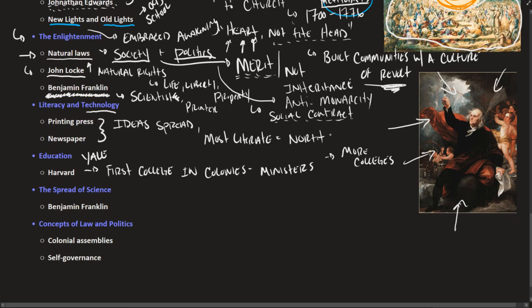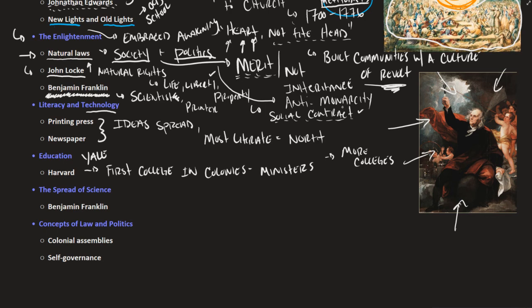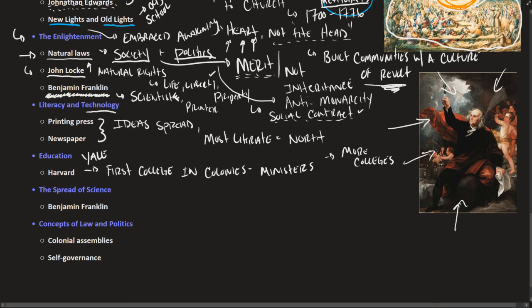So just think about it, right? All of these ideas regarding natural rights and social contract spread very rapidly in the colonial world. They probably spread more in the 13 colonies than anywhere else in the world at the time. It's not an exaggeration to say that the northern 13 colonies were the most literate place in the world at the time.